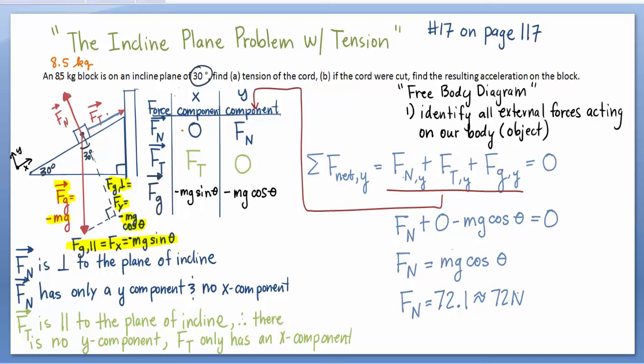So we have found our force tension, and let me come up here somewhere and write down what we found. Our force tension is equal to, that component is 42 newtons. Our normal force is equal to 72 newtons. Put a block around there. All right.